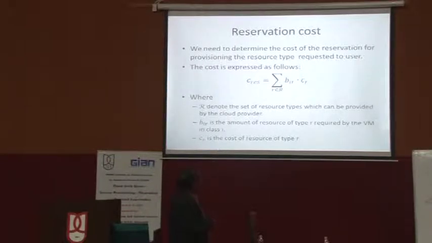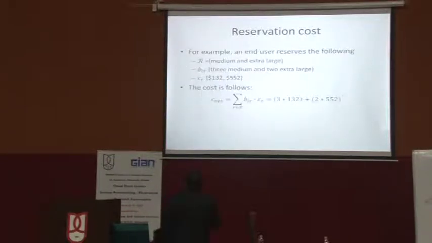Okay? Here is an example. For example, an end user reserves the following: medium and extra large virtual machines. And the medium one is 3 of them, and the extra large is 2 of them. The cost for the medium is 132, and the cost for extra large is 520.